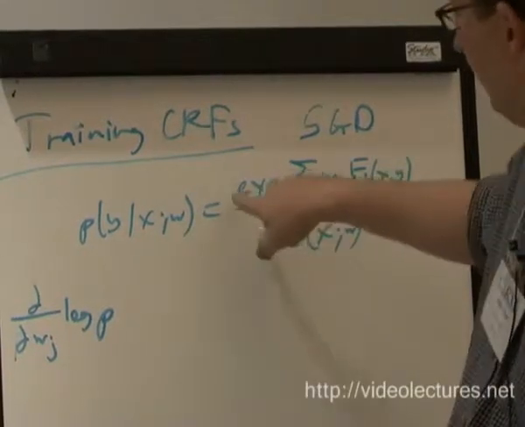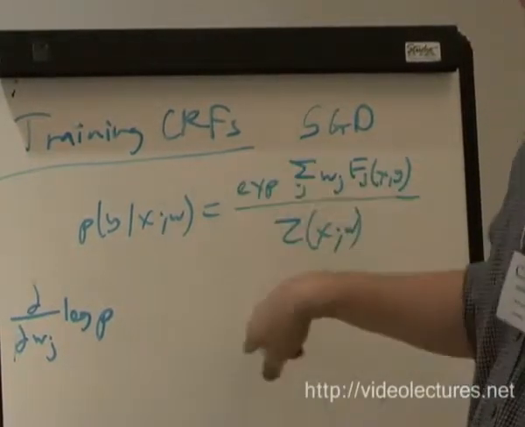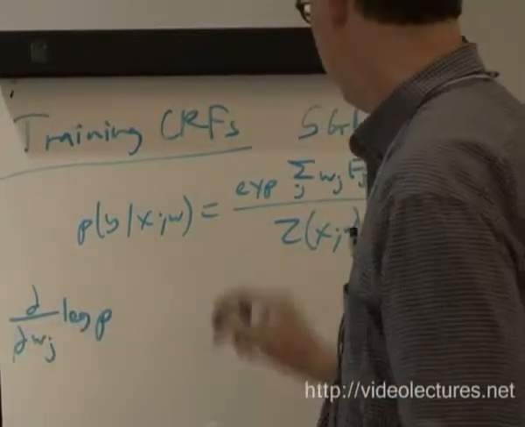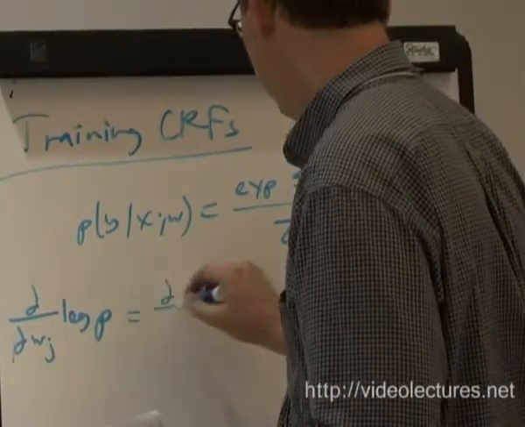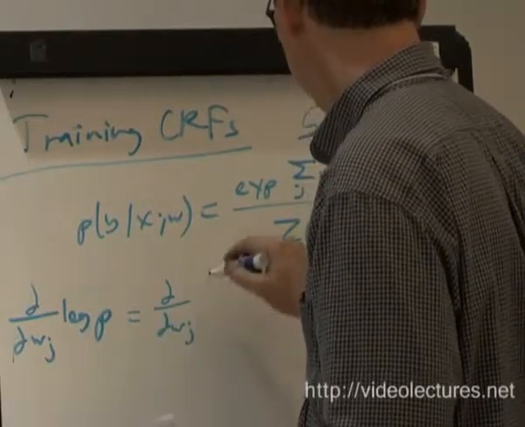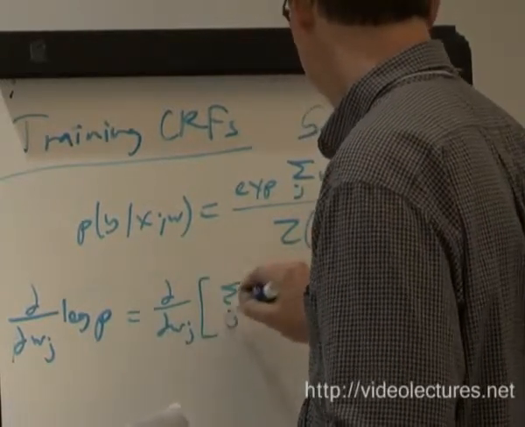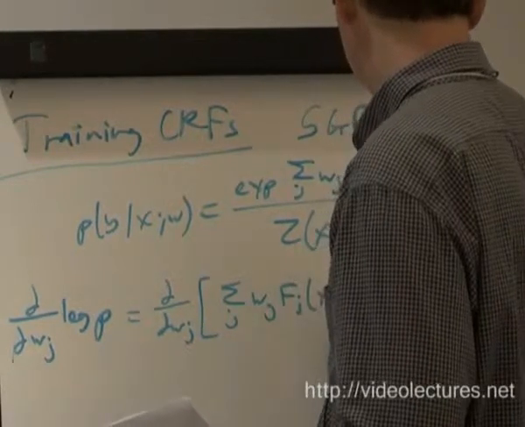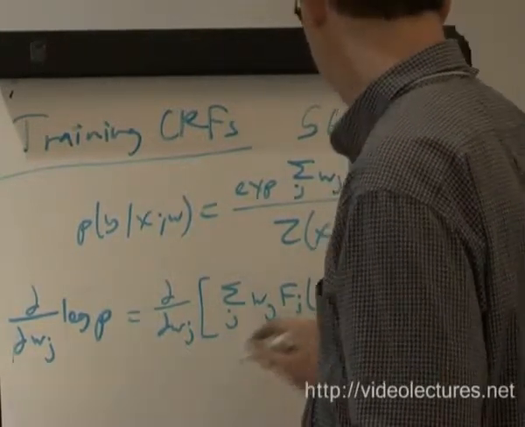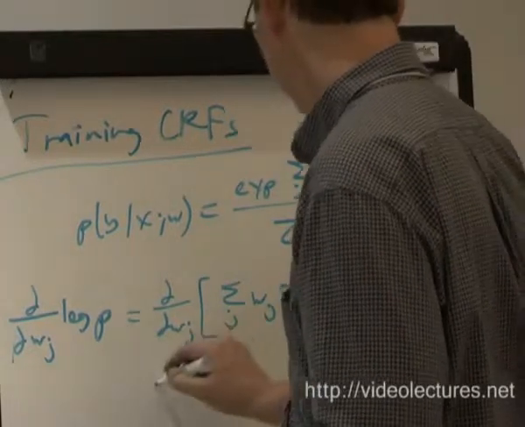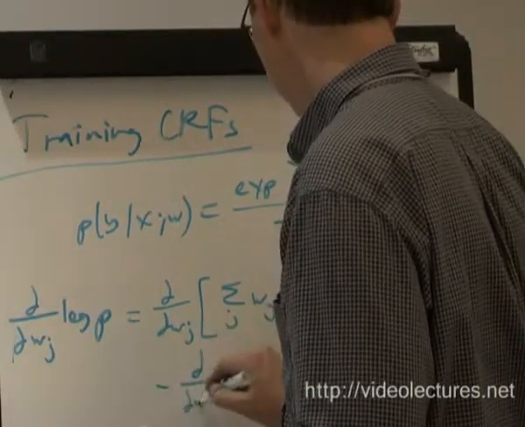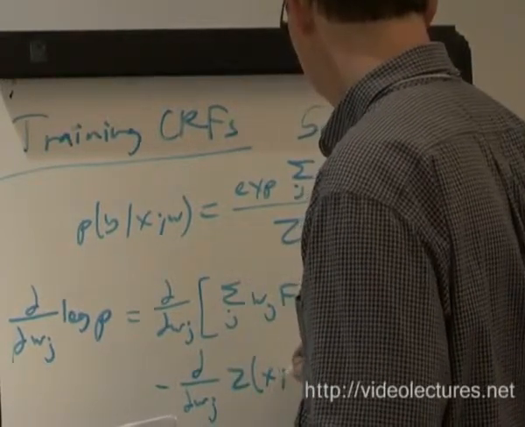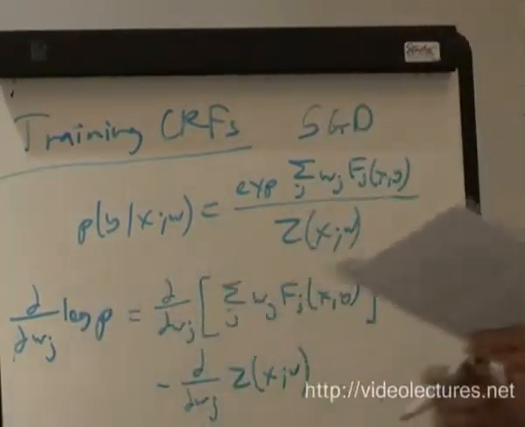And so the log of this is the log of the numerator minus the log of the denominator. So it's d by dwj of sum over j wj fj xy minus d by dwj of z of xw.